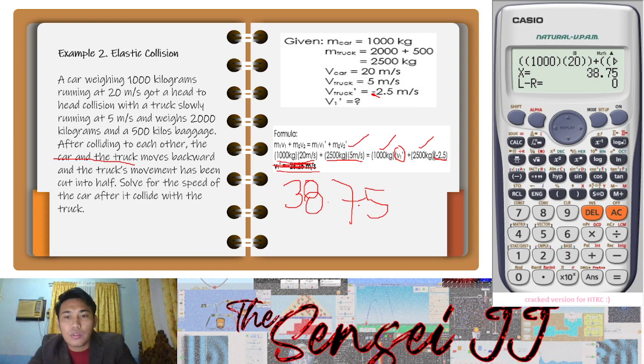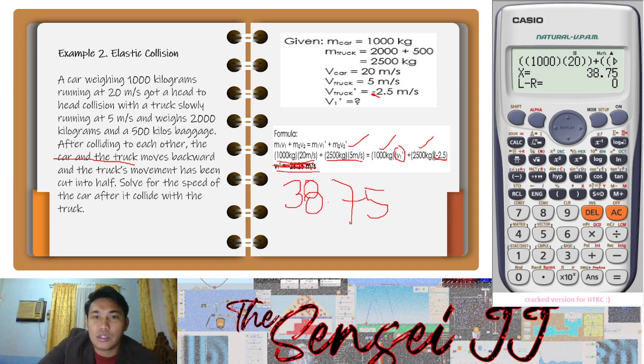This is the good thing about this, that this presentation has its flaws, and the good thing is we are solving it, and that's why we can see what went wrong on this presentation. Okay, so this is it. We have the answer of 38.75 meters per second.